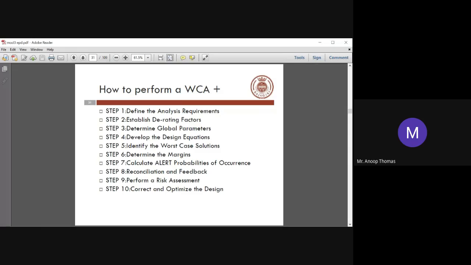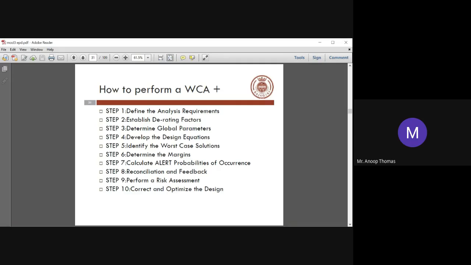It's quite an involved set of steps. The first thing required is the definition of analysis requirements. Then you need to establish derating factors, determine global parameters, develop the design equations, identify the worst case solutions, determine the margins, and calculate alert probabilities of occurrence.